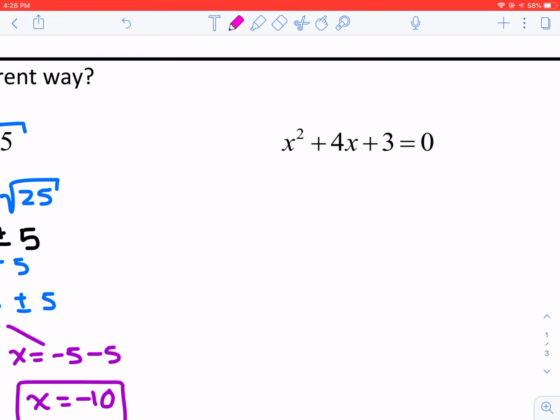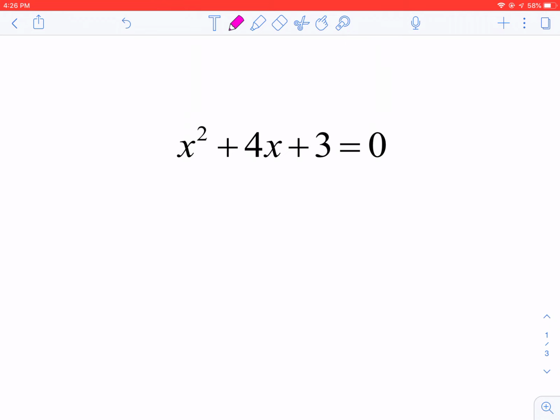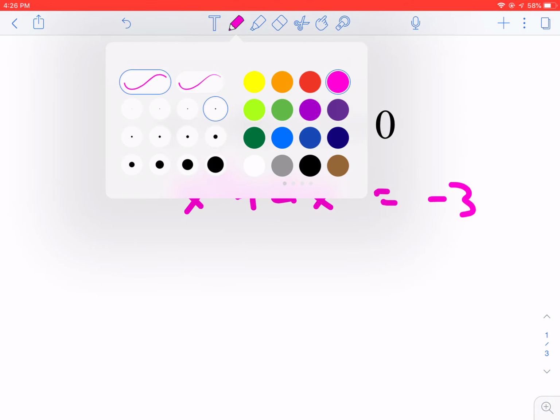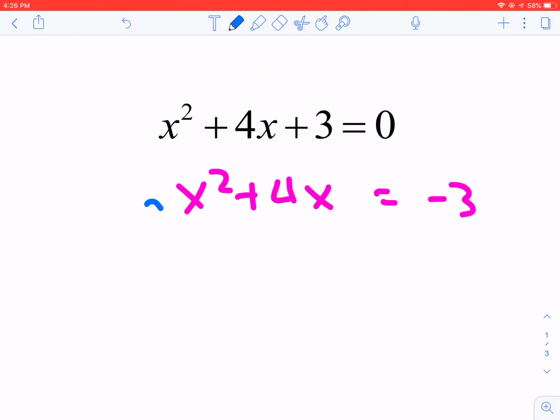For this last one, we actually cannot solve this problem yet. For example, what some people might try to do is make this equal negative 3 and then square root both sides. But know that you can't just square root the x squared.